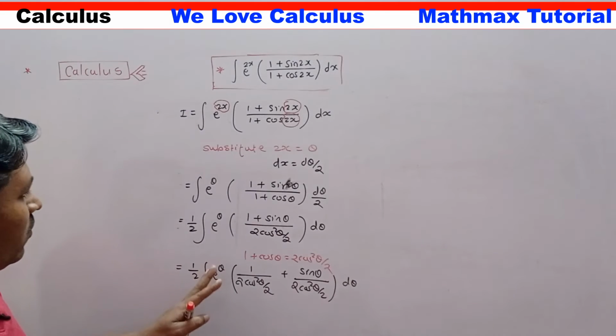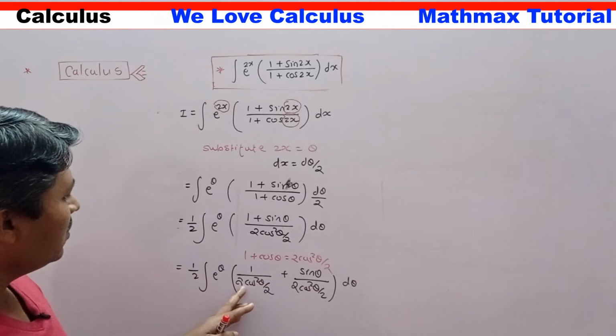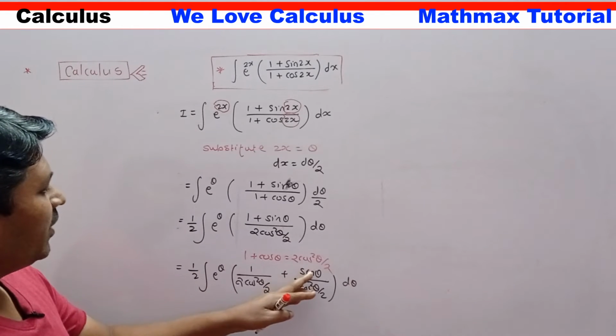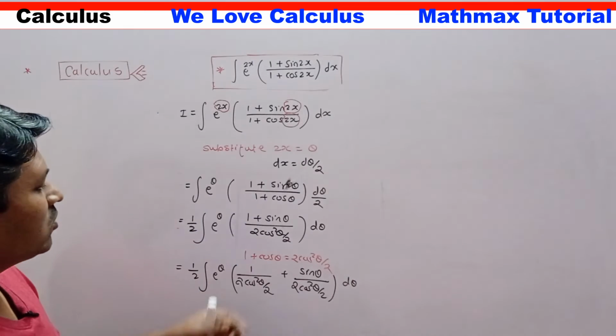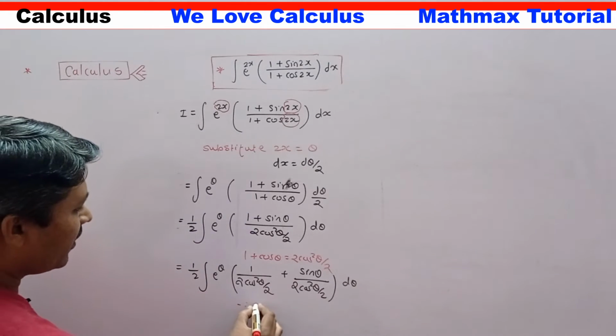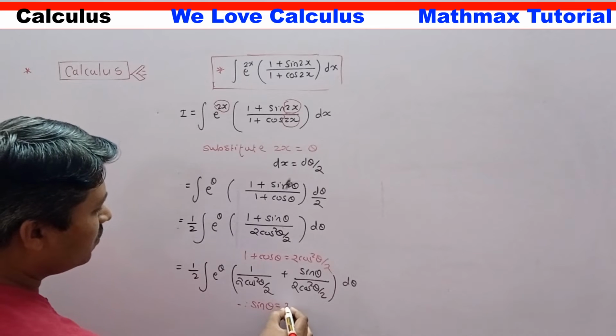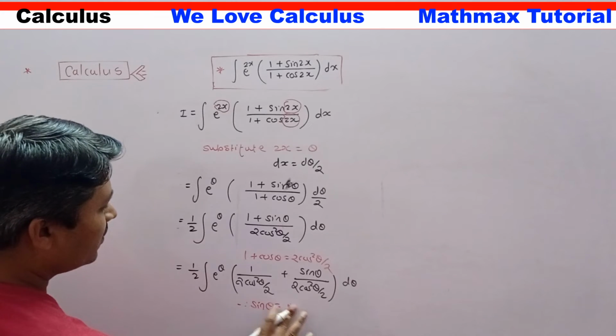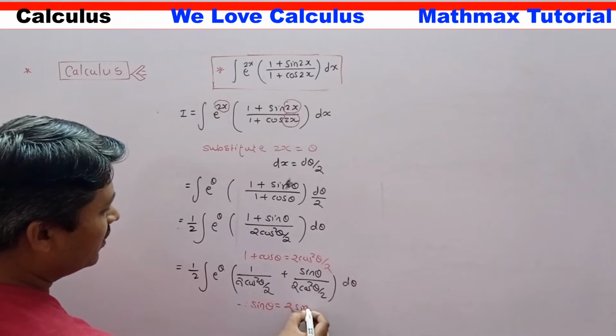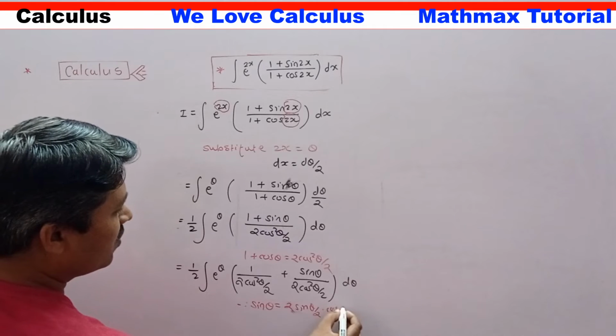Here we use the half angle formula: sin theta equals 2 sin theta by 2 times cos theta by 2.